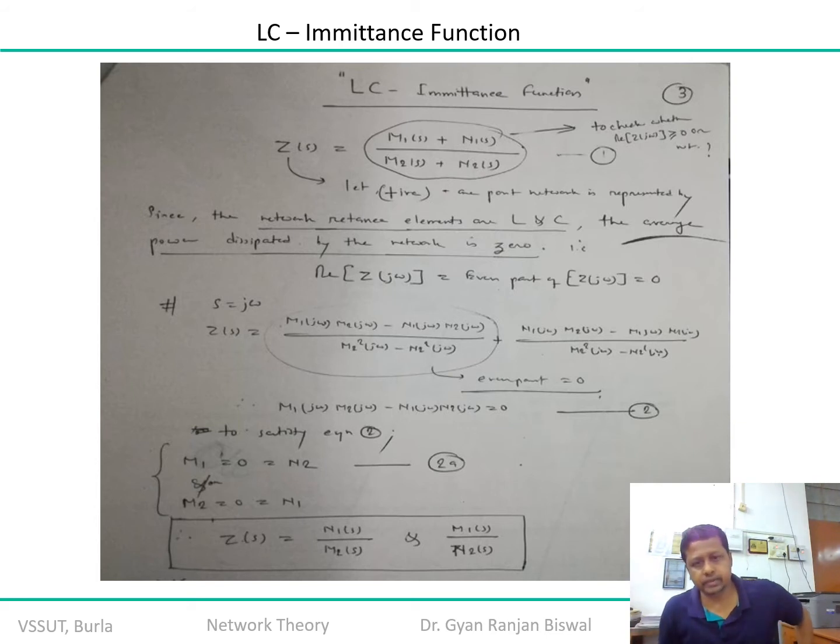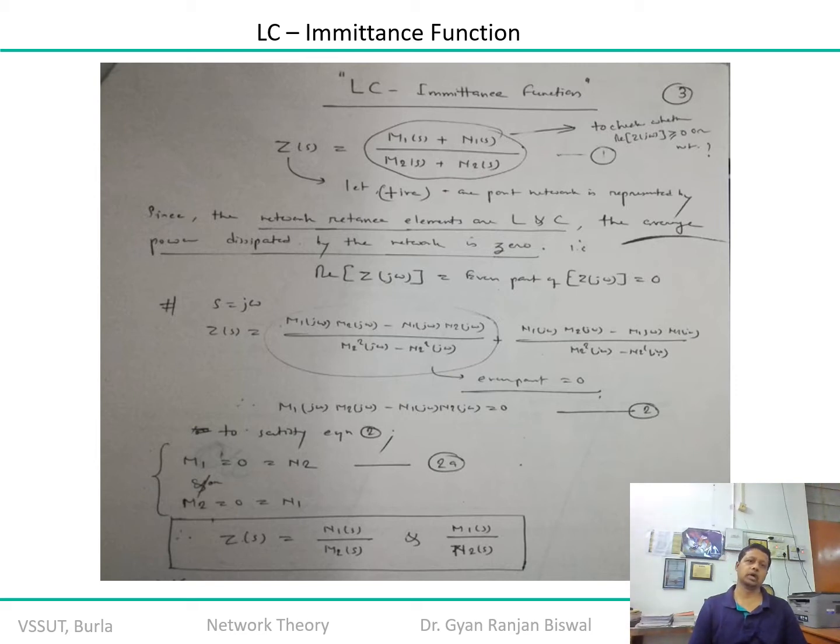So if we assume that right now my given impedance function is some combination of reactive elements, that is, some combination of inductors and capacitors. Let us assume that this combination is represented in such a way that mathematically the impedance function can be represented as (m1(s) + n1(s)) upon (m2(s) + n2(s)).